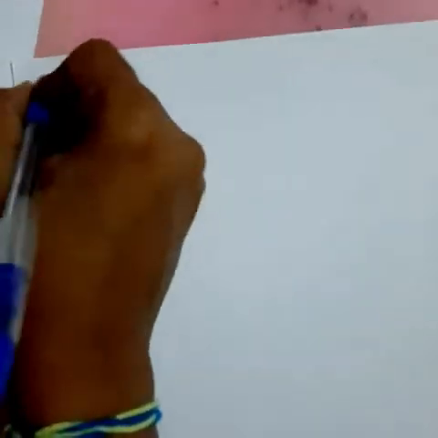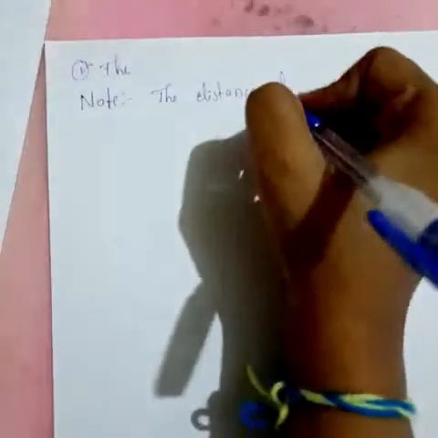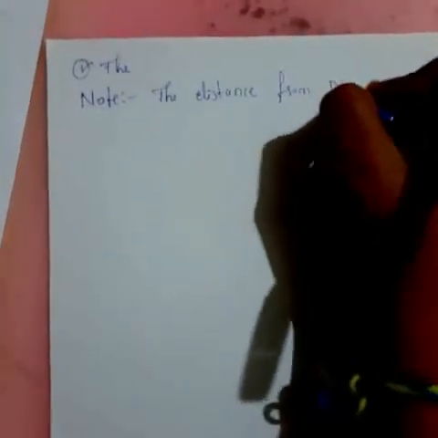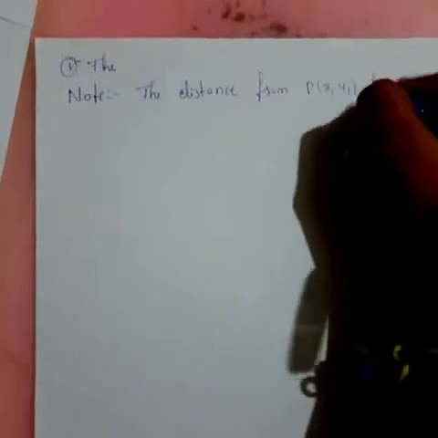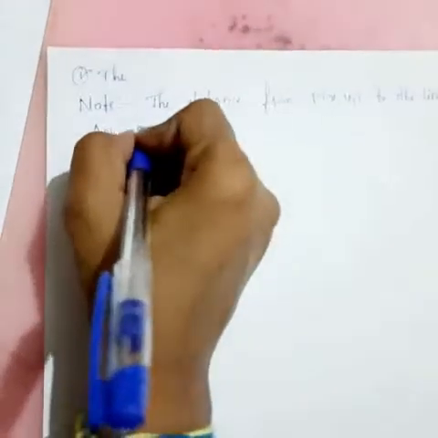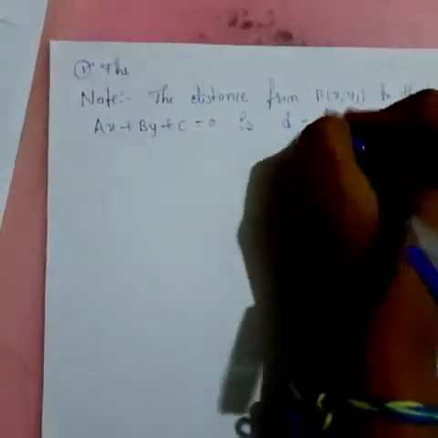Before going to the example, just write down the note that the distance from P of x1 comma y1 to the line ax plus by plus c is equal to 0 is D is equal to what?